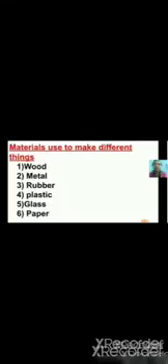Some things are hard, some things are soft, some things are rough, and some things can be stretched, right? They are of different materials and they are of different nature. All these things are generally made of wood, metal, rubber, then plastic, then glass and paper, right?